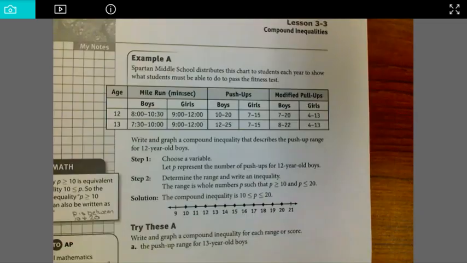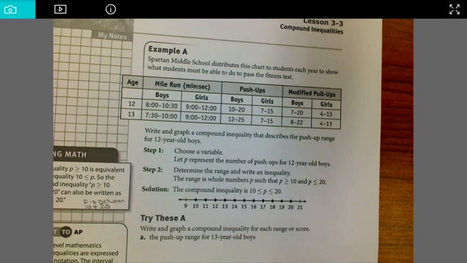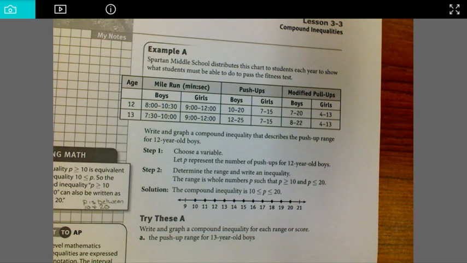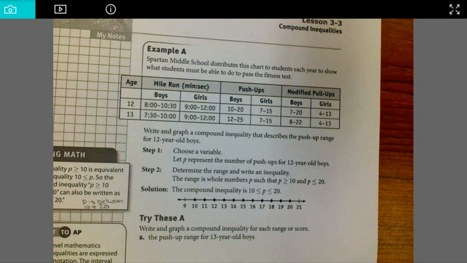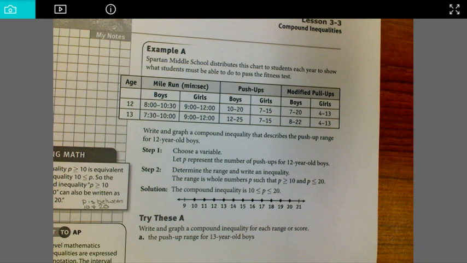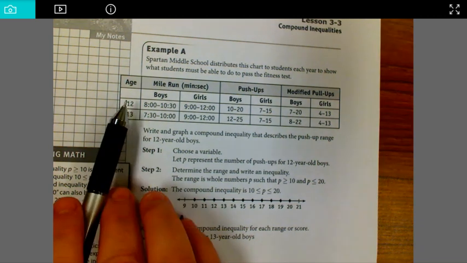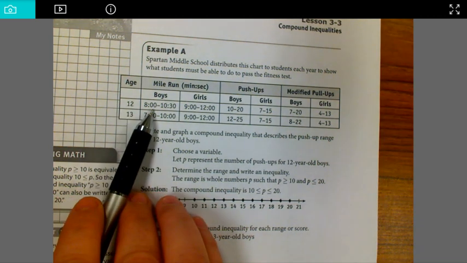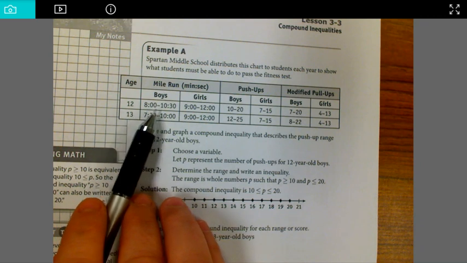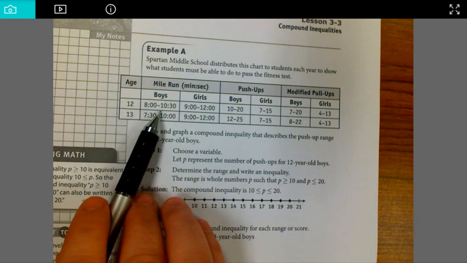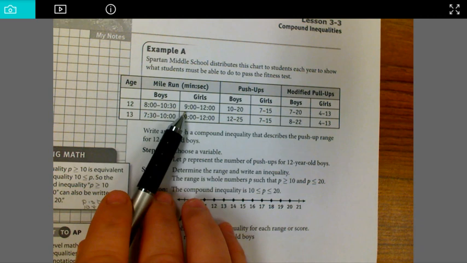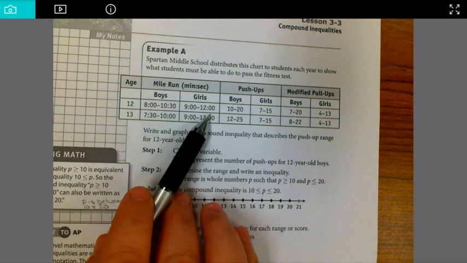So let's take a look at example A, because that's our second section for today. Example A says Spartan Middle School distributes this chart to students each year to show what students must be able to do to pass the fitness test. Ages 12. The boys must run their mile in 8 minutes to 10 minutes and 30 seconds, while the girls have 9 minutes to 12 minutes.